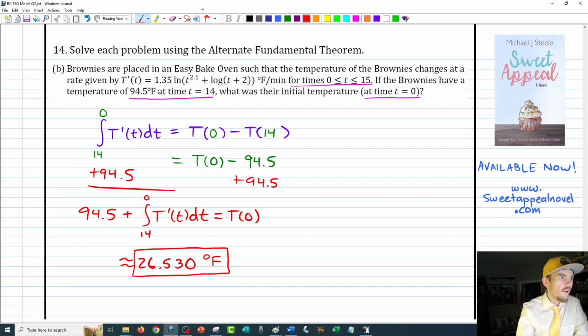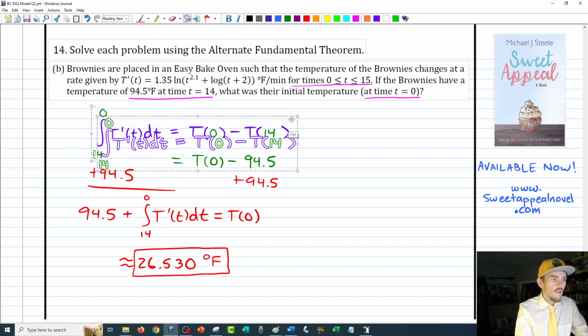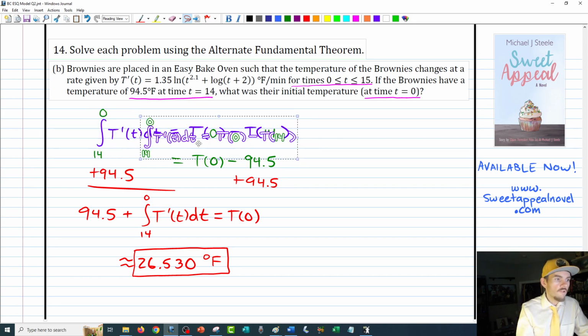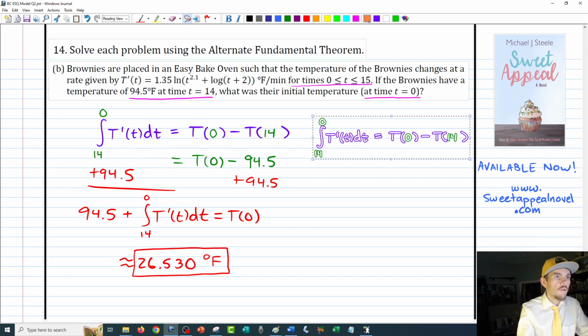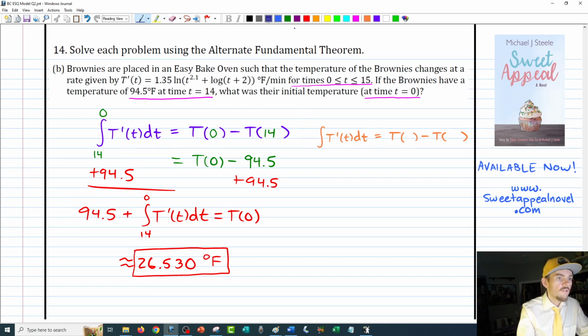Now, with that said, though, if something bothers you about switching these limits of integration in this way, let me just prove to you that your concerns are ill-founded. I'm going to do this over here, and I'm going to do it in orange just so we have it separate. Instead of doing it in this order, I'm going to put it in the more traditional order here. We'll go from 0 to 14.